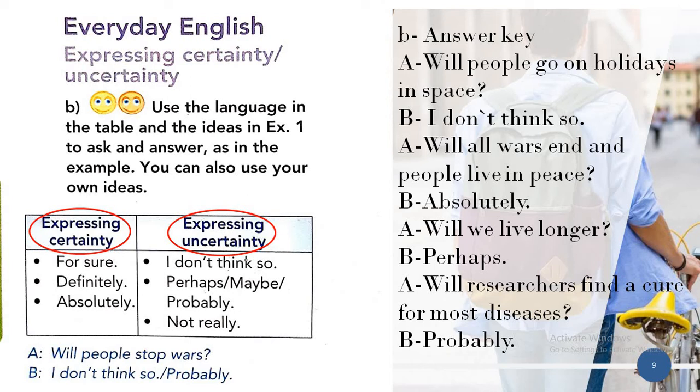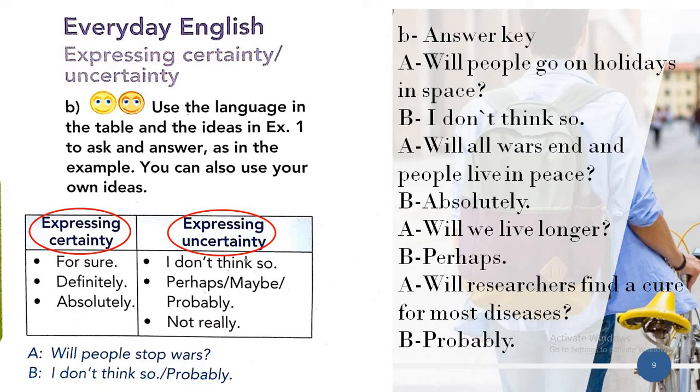This is an expression for uncertainty. A: Will all wars end and people live in peace? B: Absolutely. Here you can use absolutely, definitely, for sure, etc. All the expressions will be correct.